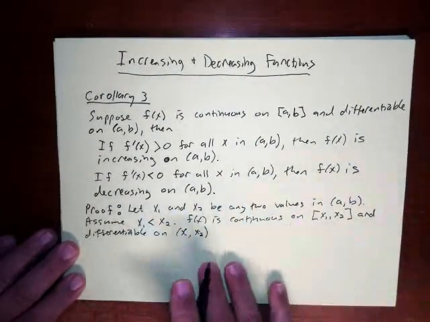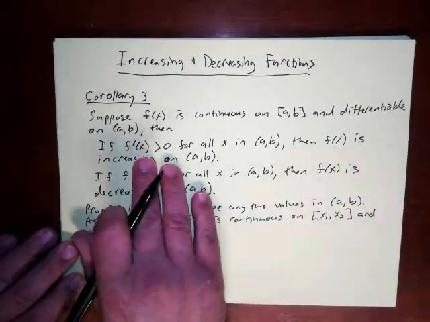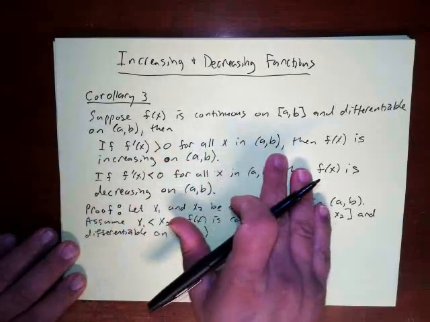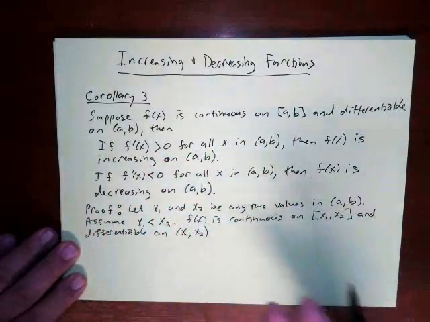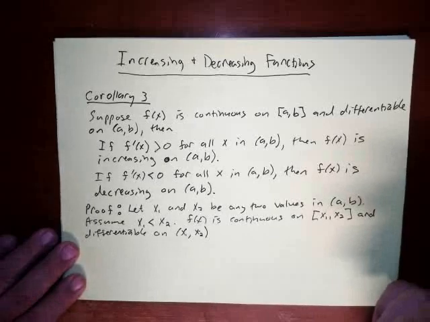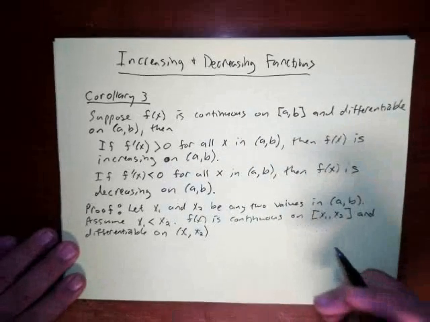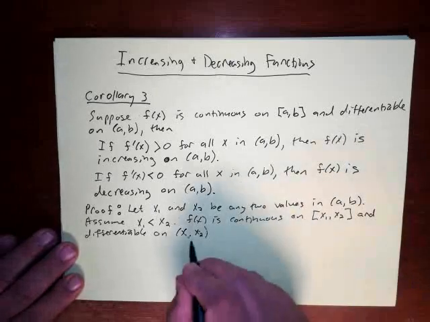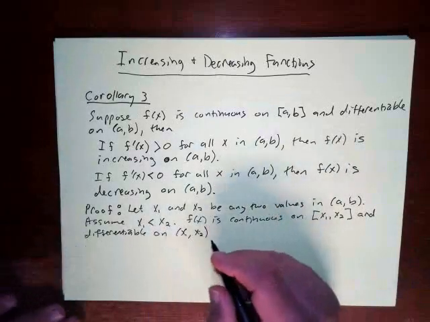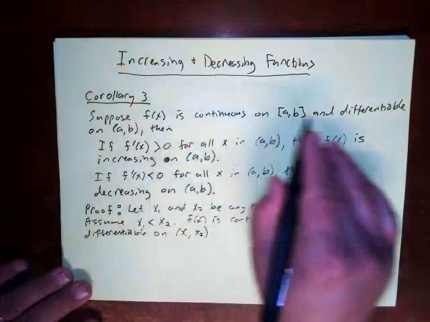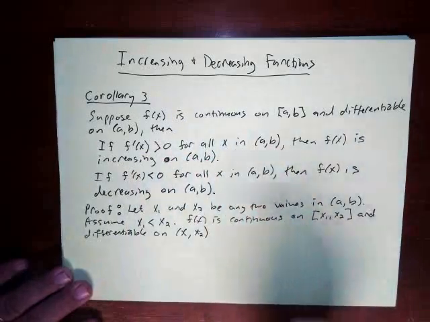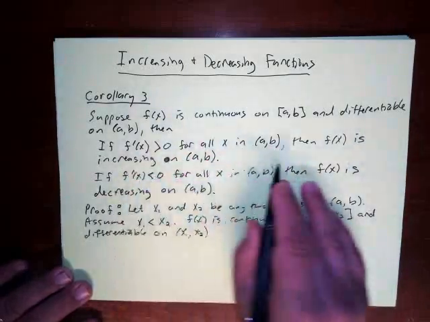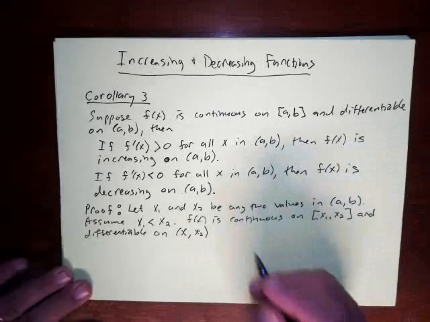Also, we're told that the derivative is greater than 0 for all x in (a, b), and so that means it's going to be differentiable at any x value. So we would have it there too. Basically, you wouldn't need this first condition because you're given it right here.